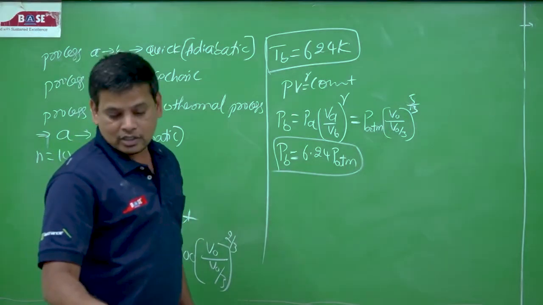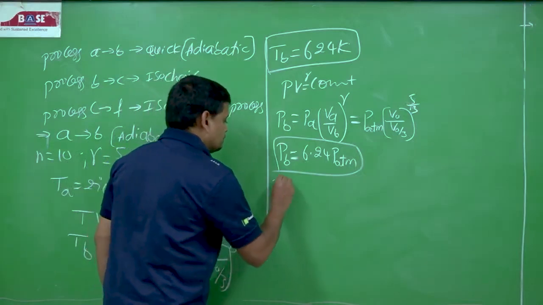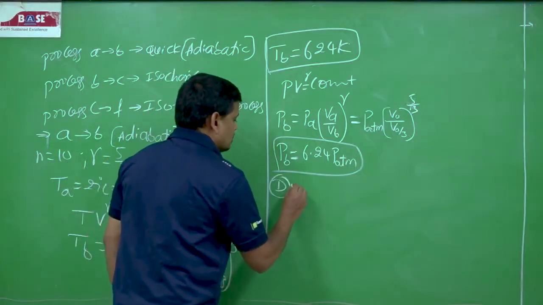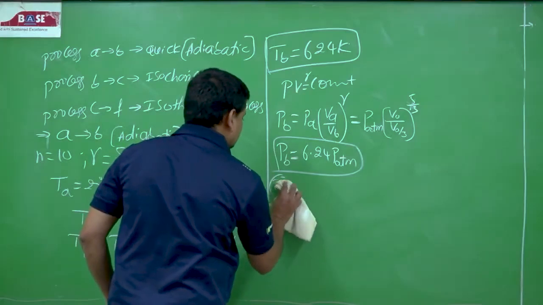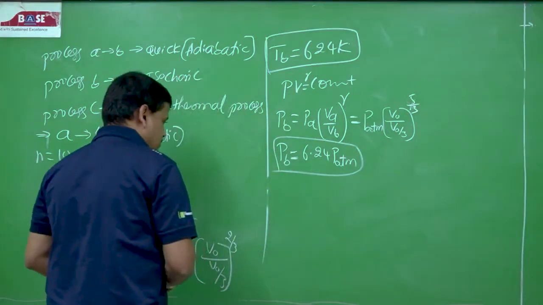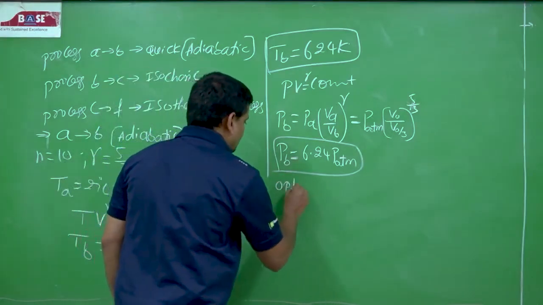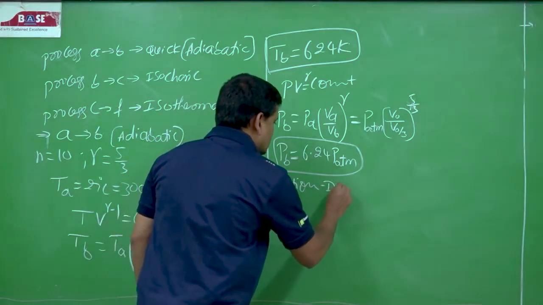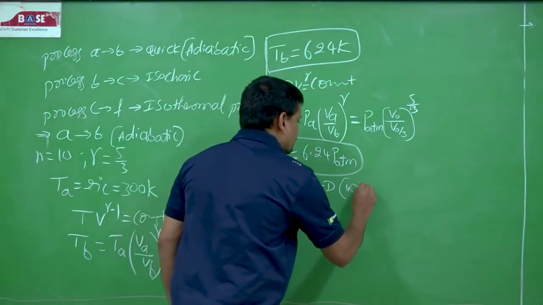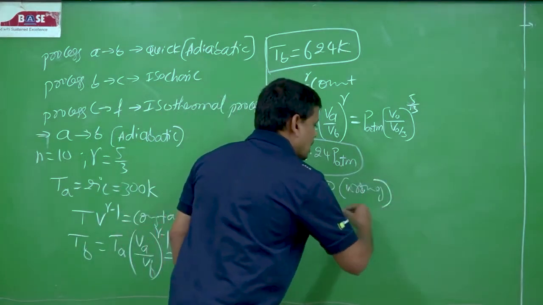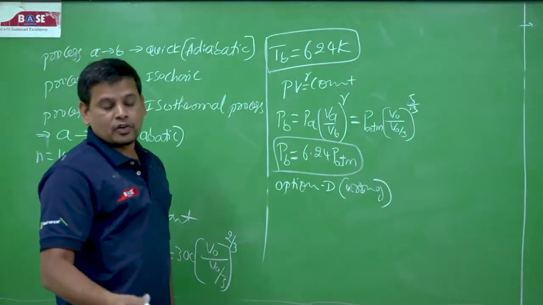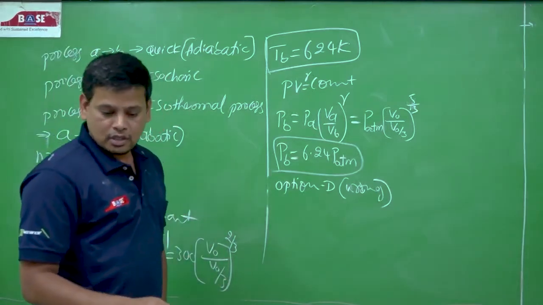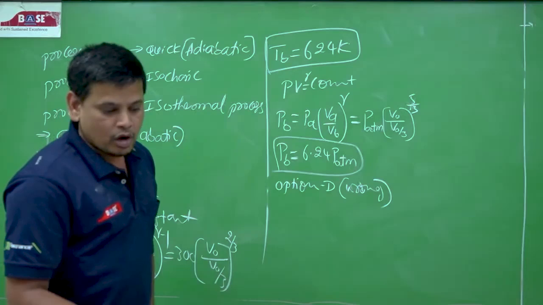So I can say that option D is wrong. I'm not going in order because as I am deriving, I am checking for whichever options are matching. So option D has come out wrong.